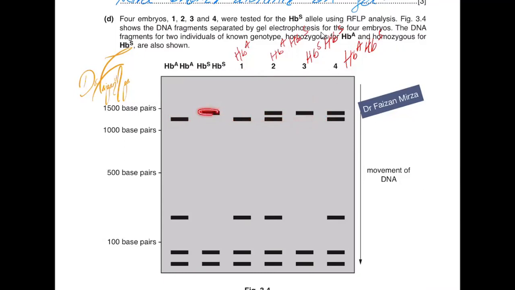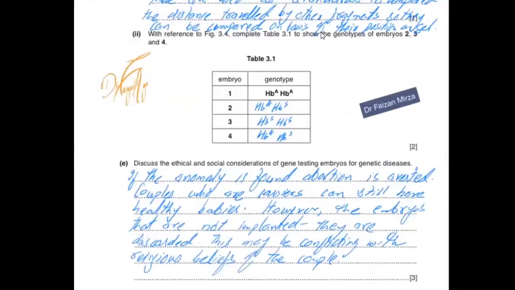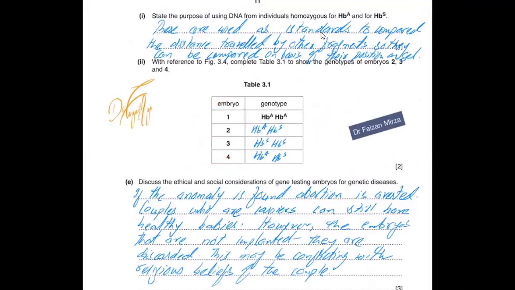So we can see that HBS is present in the second embryo, the third embryo, and the fourth embryo, but it is not present in the first embryo. So we can decode the genotypes from here: the first embryo is HBA HBA, the second is HBA HBS, the third is HBS HBS, and the fourth is HBA HBS. That's what they will ask us to fill in the next table, so we can do that.